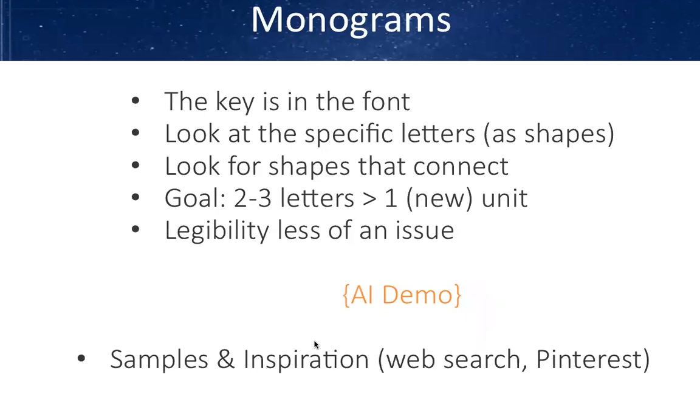Legibility is less of an issue here, so you really get the opportunity to look at letters as shapes and create some type of design from this. Let's do a little bit of a demonstration on it, but you can also look for samples and inspiration to help guide you through web searches, Pinterest, all kinds of other places.